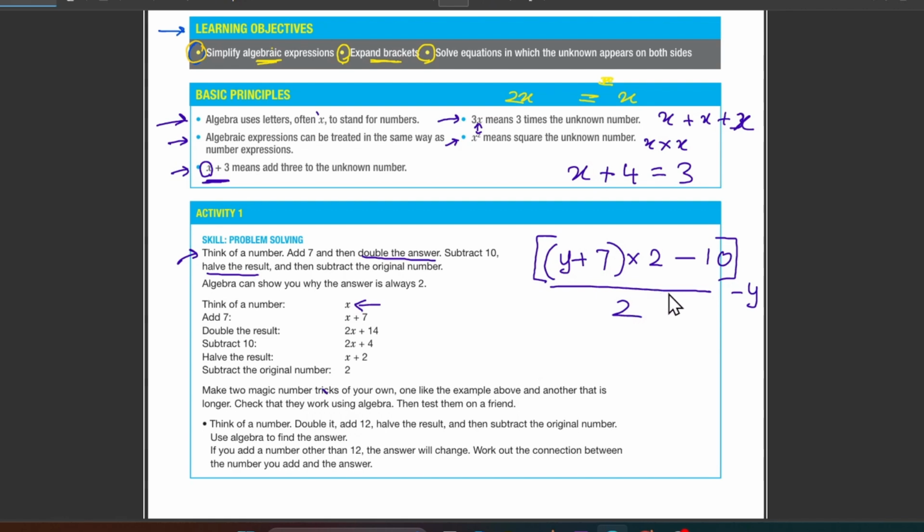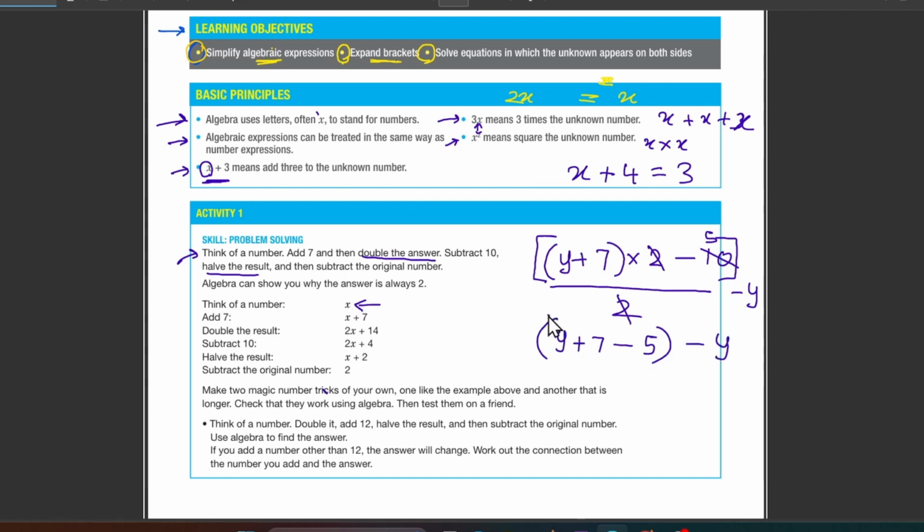Okay, so we can simplify this. We can simplify these two by dividing by 2. Then we simply get y plus 7 minus 5 inside the bracket, and outside we get minus y.